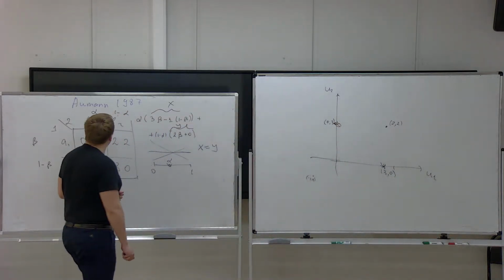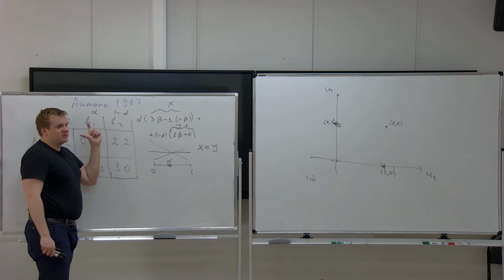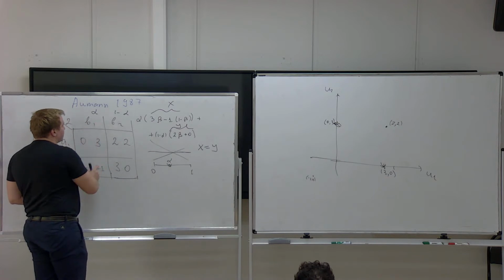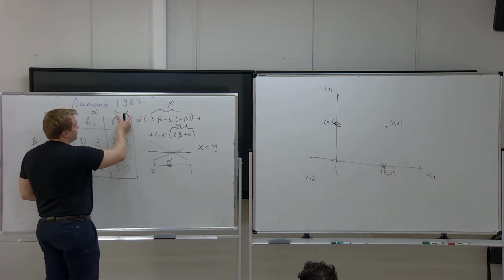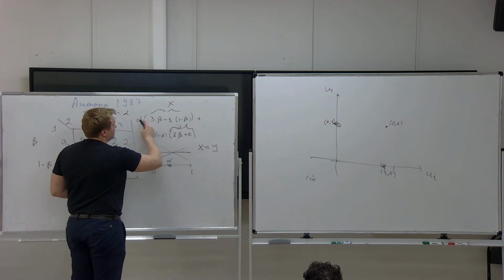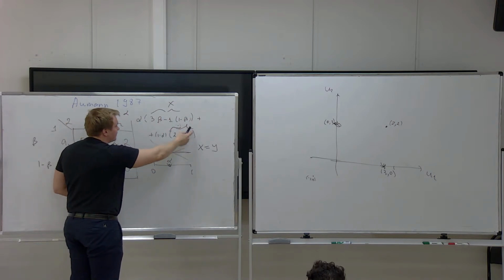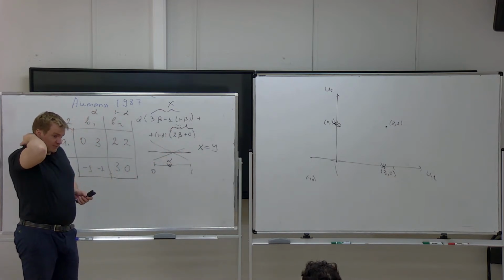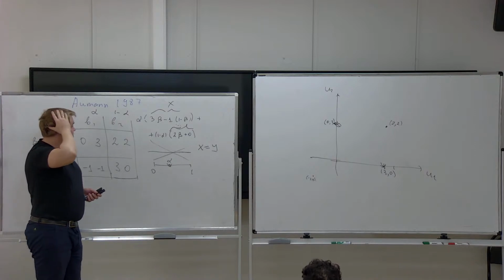for when player 2 will be willing to mix. This condition is that on choosing b1, his payoff has to be the same as on choosing b2. This is what he gets on choosing b1, and this is on choosing b2. That will give you a value of beta.